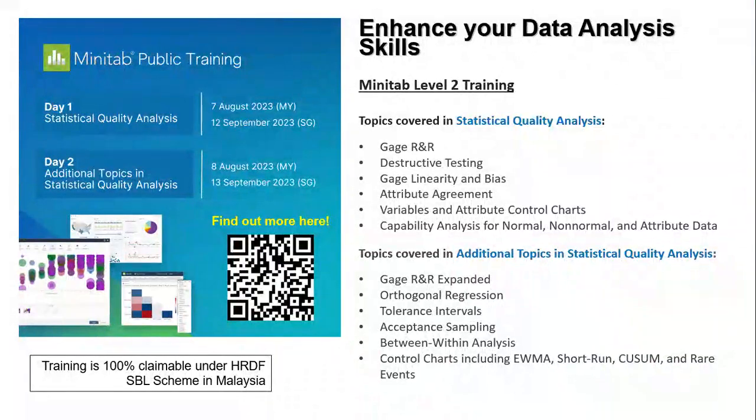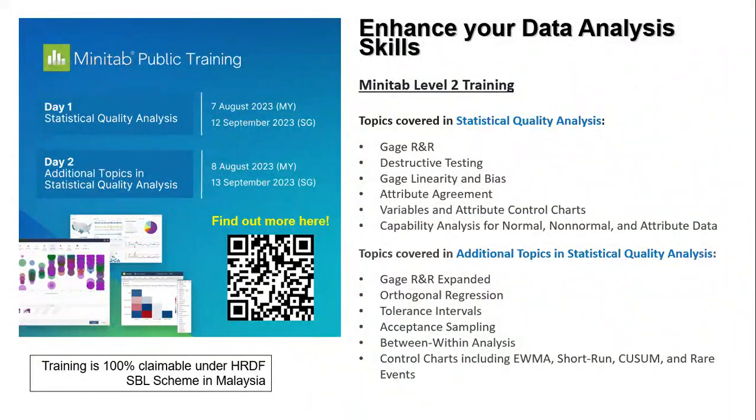Today is not comprehensive, just only capability analysis. For those who did not join the control chart session last month, I highly recommend joining our comprehensive training. Today I just show tips and tricks only. If you are not sure when to use a distribution, you need to go for our comprehensive training, Minitab level 2, statistical quality analysis.